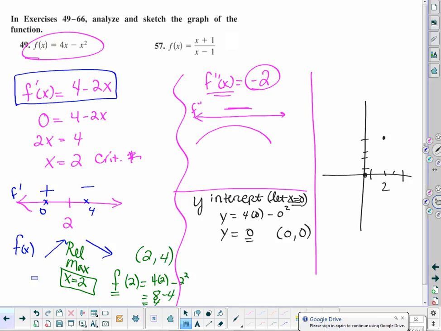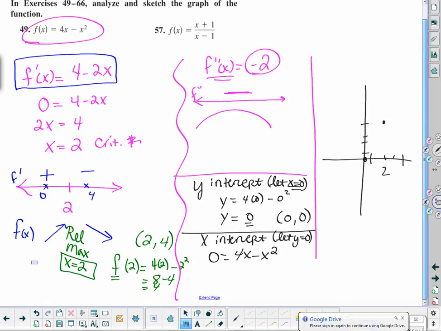What else could happen? Let's find x-intercepts. X-intercepts is just the opposite. Let's let y equal 0 so that it lands on the x-axis. And if y is 0, I get 0 is equal to 4x minus x squared.